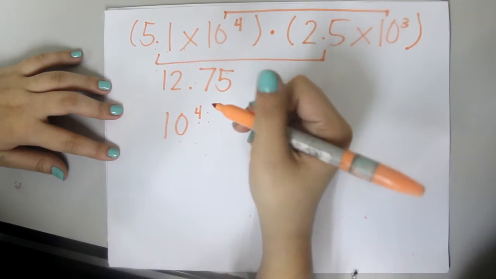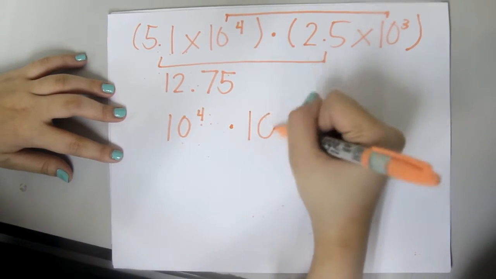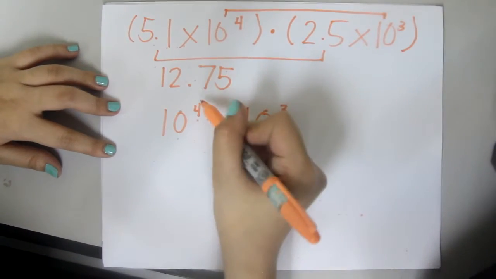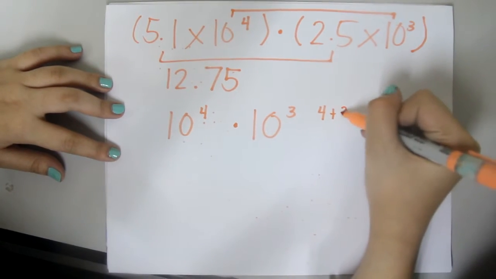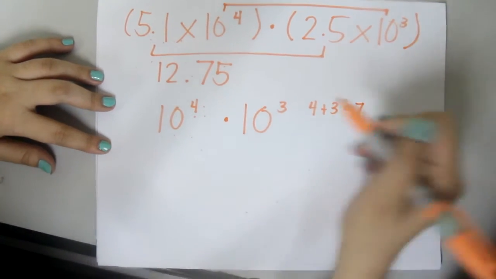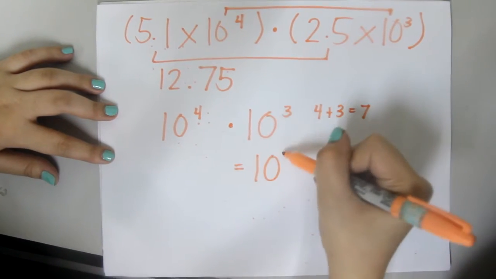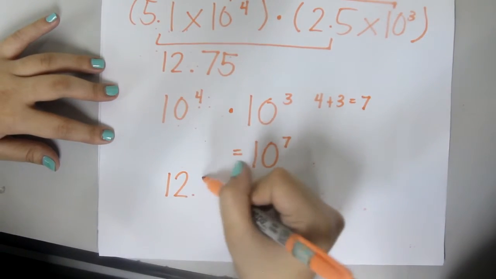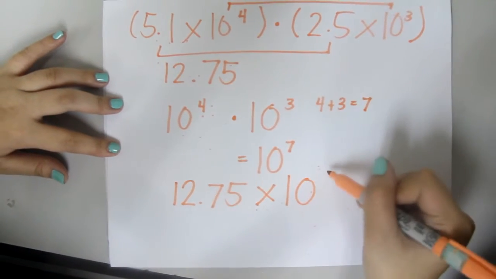You know the rule in multiplying exponents, right? You're just going to add both exponents. So 4 plus 3 is equal to 7. So the answer would be 10 raised to 7. 12.75 times 10 raised to 7.